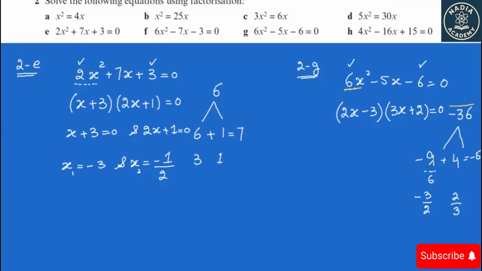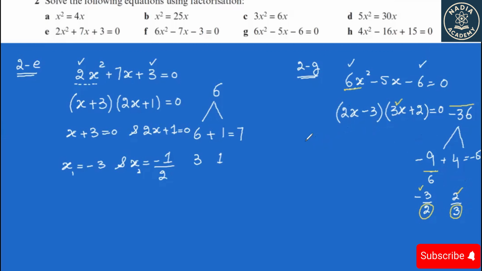So the 6, we will divide these factors by 6. So our answer is negative 3 over 2. And for the 4, it is 2 over 3. So now here, this 2 will go with x, 2x, negative 3. This 3 will go with x and positive 2 over there. So in this way, we get the factors.